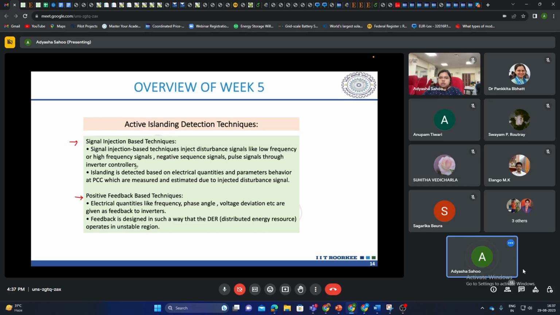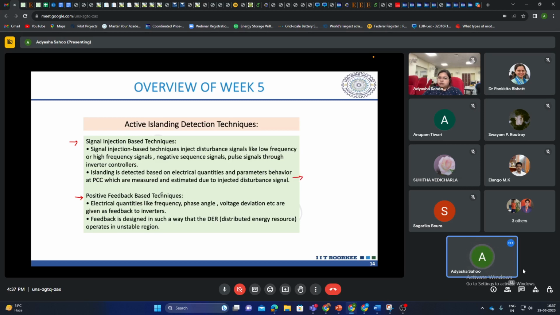In the injection, as the name suggests, the signal injection based techniques will be injecting certain external signals, like negative sequence signals or pulse signals, through the inverter controls. By injecting these signals, we'll observe the behavior at the PCC, due to this disturbance signal.